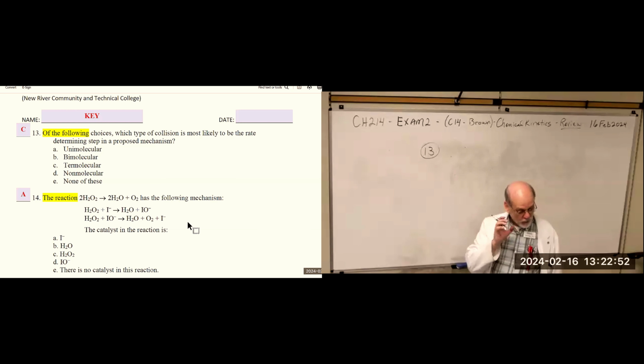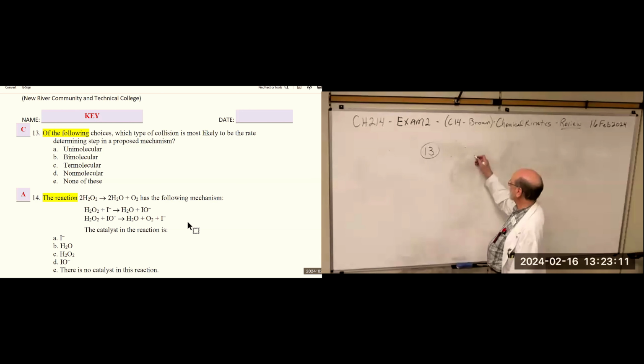All right, so what we have to assume for this one is that each one of these possibilities, unimolecular, bimolecular, termolecular, there's no such thing as non-molecular. I just throw that in there for fun. So we've got uni, bi, and ter, molecular.